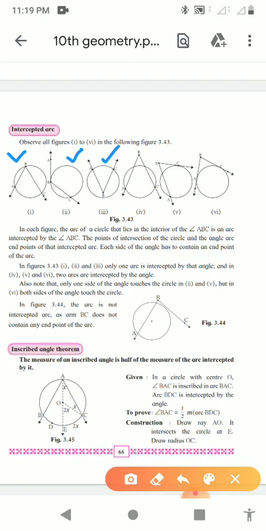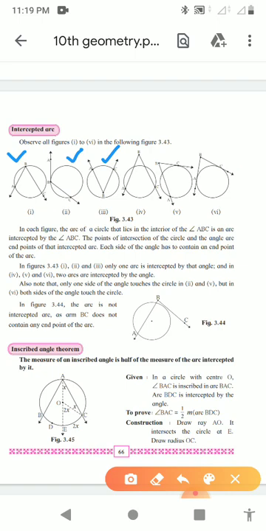If we closely observe these 3 diagrams, we will come to know only one arc is intercepted by the angle ABC. In the first diagram the intercepted arc is AC. Similarly for the second it is BC, and for the third again it is AC, isn't it?